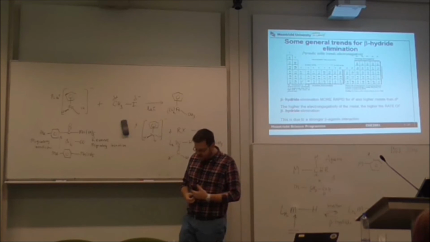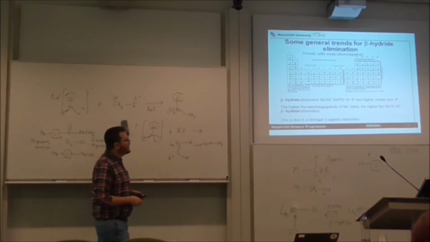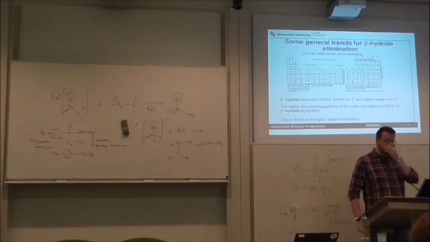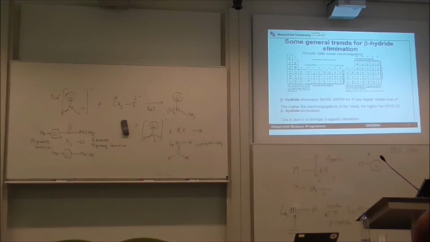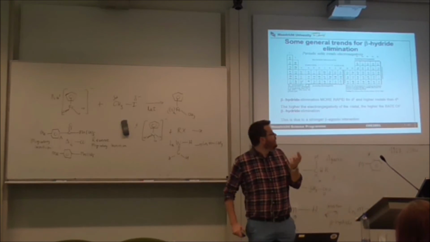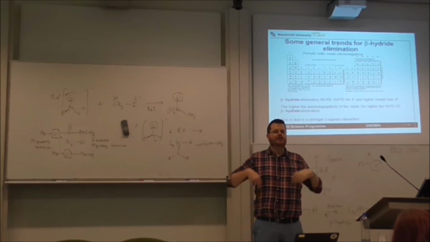Coming back to beta H elimination, it's a process that occurs very often with transition metal alkyl complexes. There are some general trends. I guess the most important trend is that as you increase the electronegativity of the metals, essentially going from left to right, the propensity of the complexes to undergo beta hydride elimination increases.